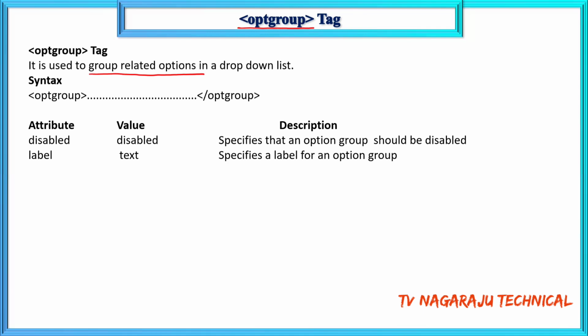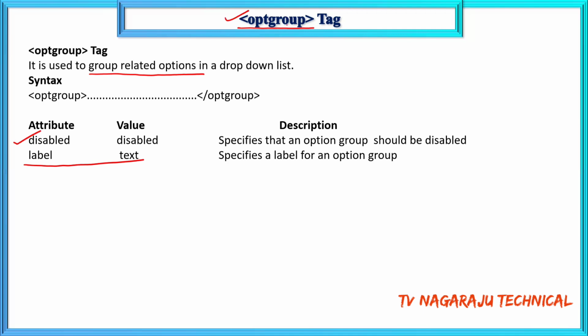So to group related items, we use optgroup. We can give a label for the group. If you do not require that group, you can disable the group also.